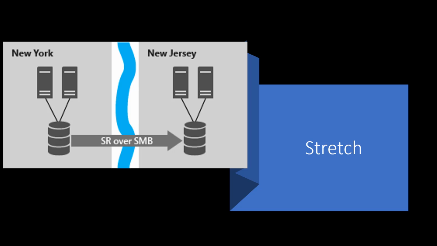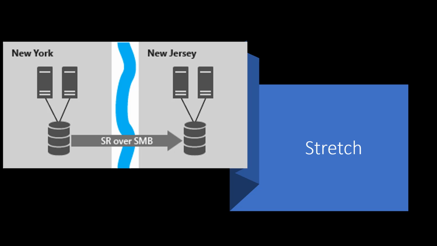The key point about all of these is synchronous or asynchronous. You can do either one. However, server to server, cluster to cluster, there is no orchestration between the two.